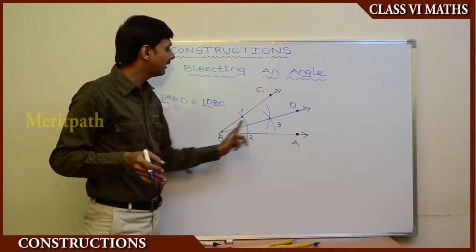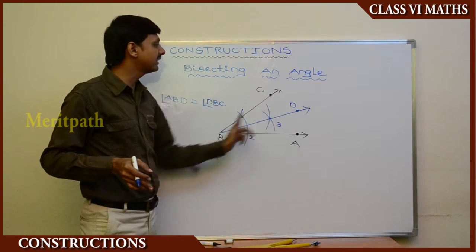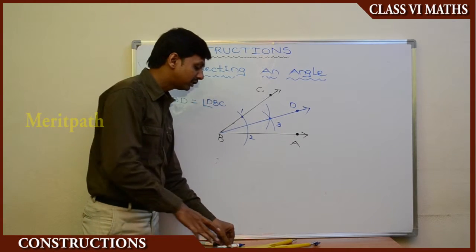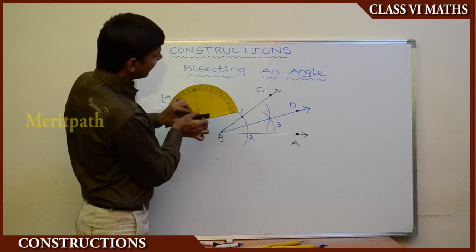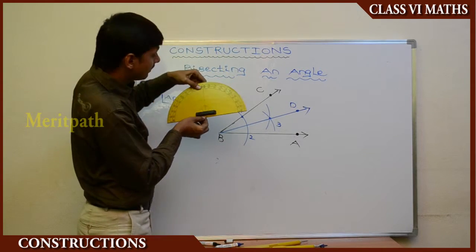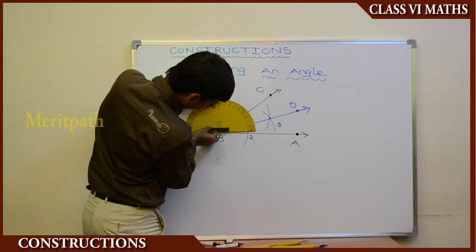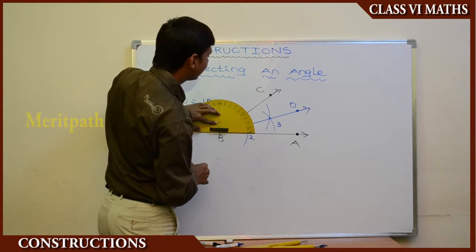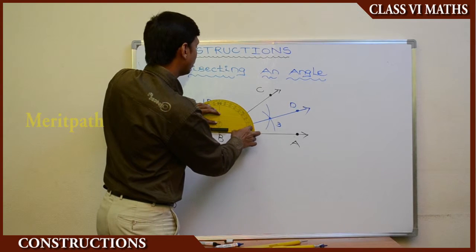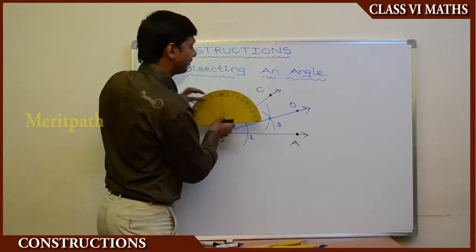So we get angle ABD is equal to angle DBC. Let's measure with the protractor. Let's place the center of the protractor at vertex B. Now we get 0, 10, 20, 20 degrees.